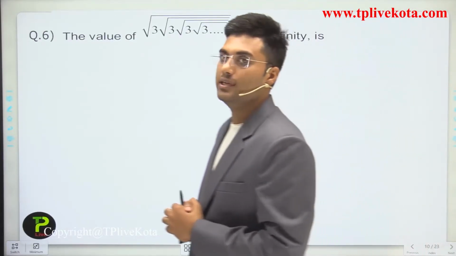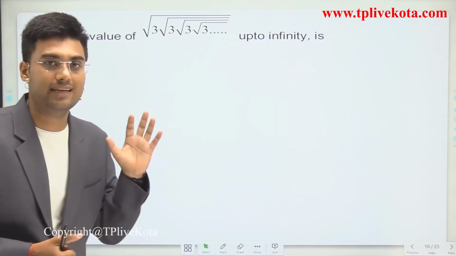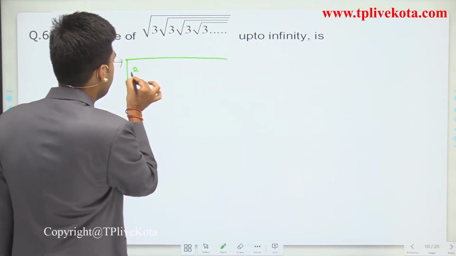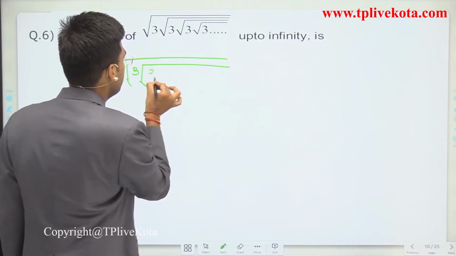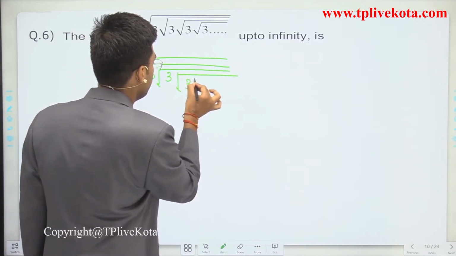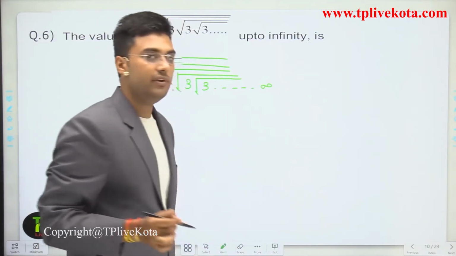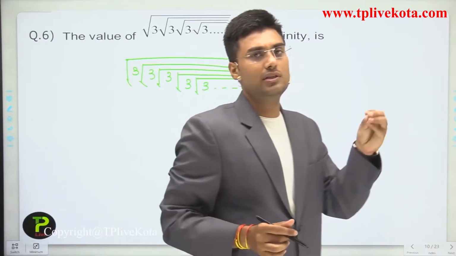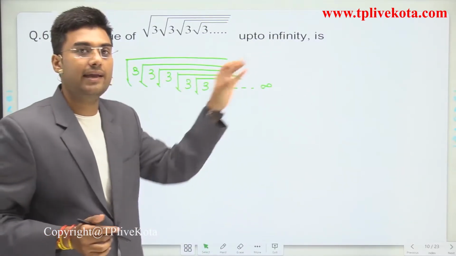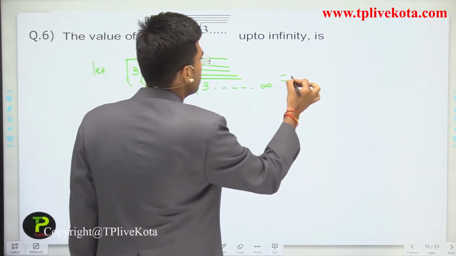The next question is, we have to find the value of this expression, and this expression consists of root 3 multiplied by root 3 multiplied by root 3 multiplied by root 3, and it goes up to infinity. So dear student, to solve this type of question, we have to assume this expression as x. So let this expression be equal to x.